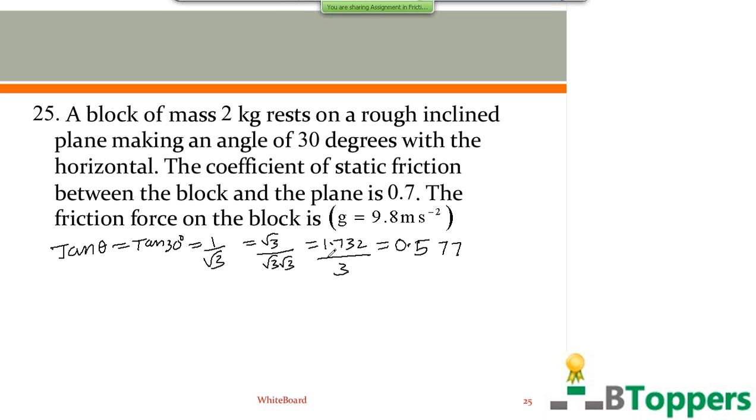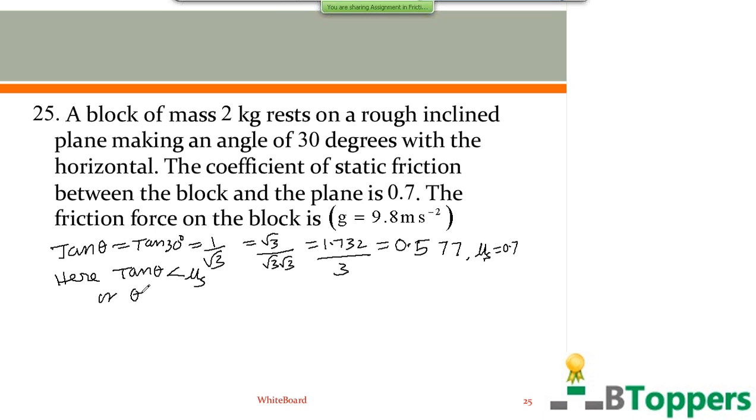So whatever you may get after rounding off, you can observe that in this case the value of tan theta is less than the coefficient of static friction. The coefficient of static friction between the block and the rough inclined plane is given as 0.7.